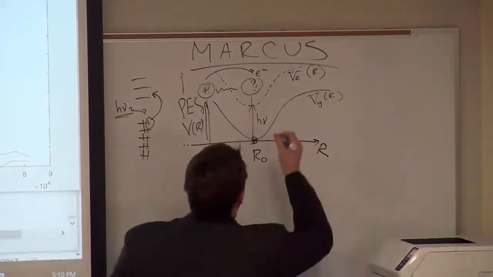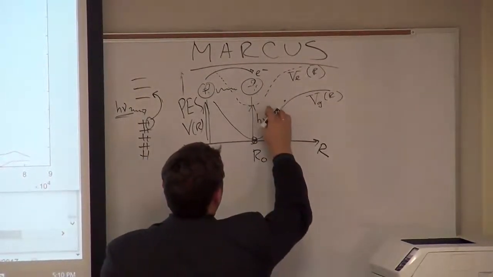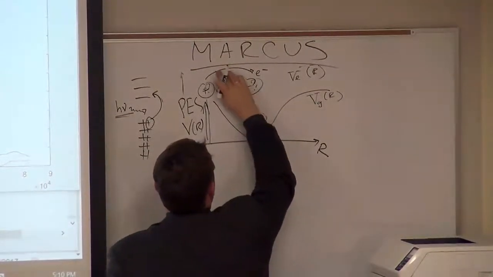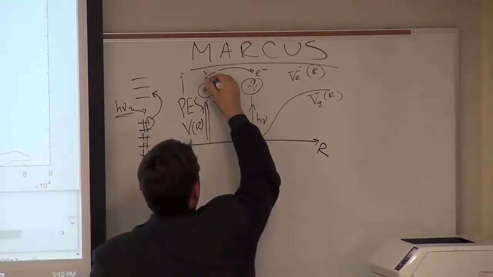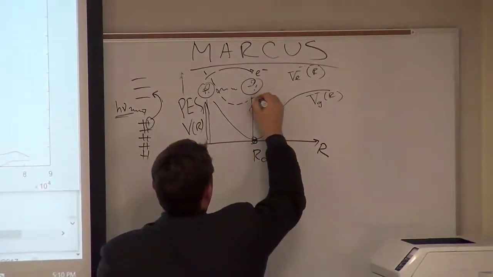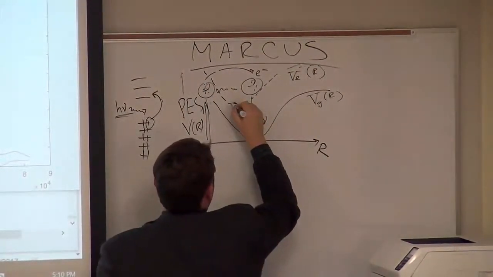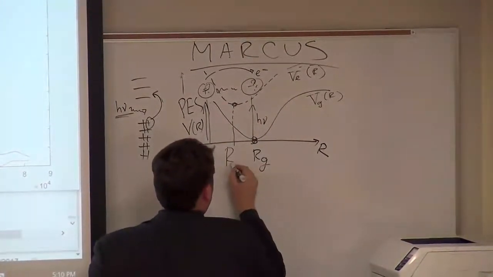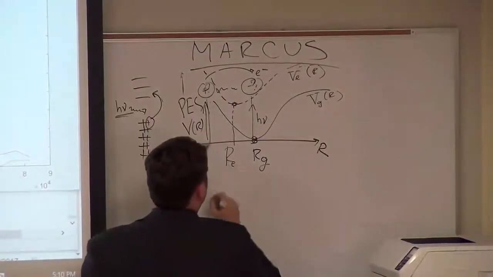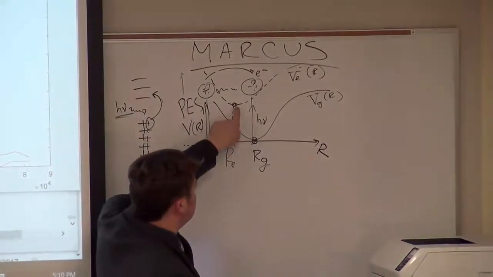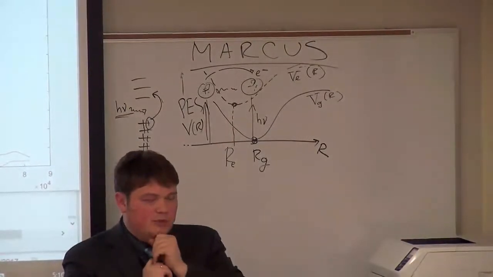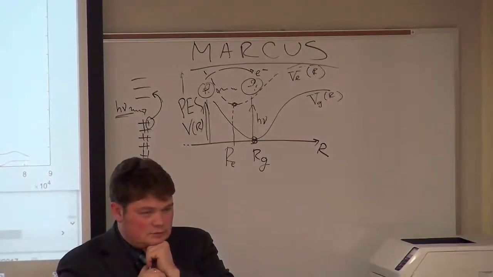So then, if there is a plus and minus, this line needs to be changed in the following way, so that the equilibrium position for excited state will be different from equilibrium position for the ground state.